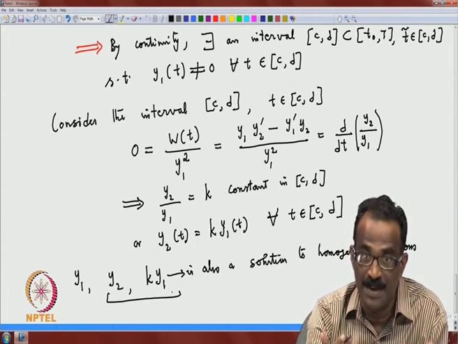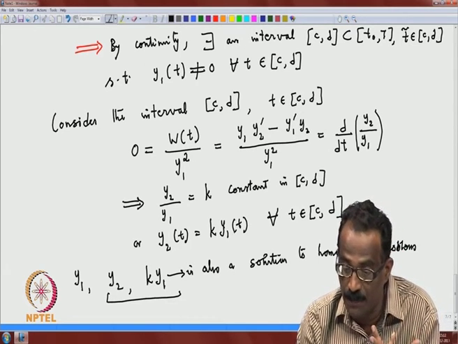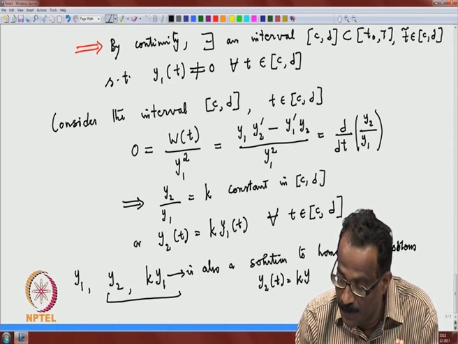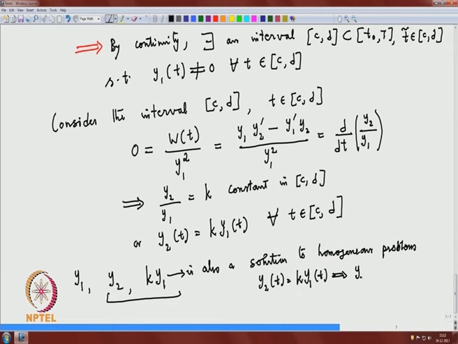So, repeat that. y2 of t is equal to k y1 of t in CD. That implies in particular y2 at C, any point you can fix, C, is equal to k y1 at C. Now, this is equal in an interval, so I can differentiate this one: y2 prime of t is equal to k y1 prime of t.